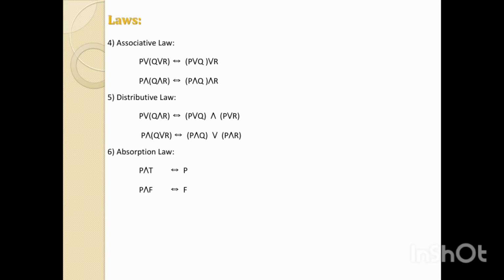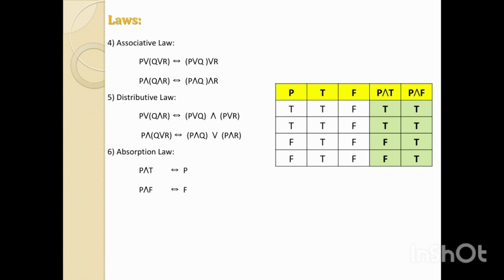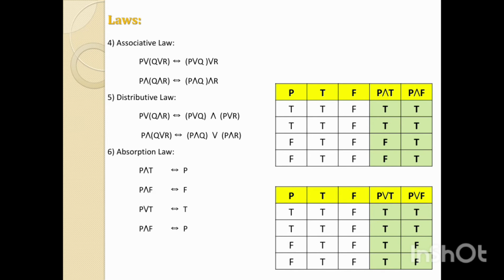The sixth law is the absorption law. Here we have seen by using the truth table that P and T is logically equivalent to P, and P and F is logically equivalent to F. Next, P or T is logically equivalent to T and P or F is logically equivalent to P. We can clear these absorption laws by using the truth tables.